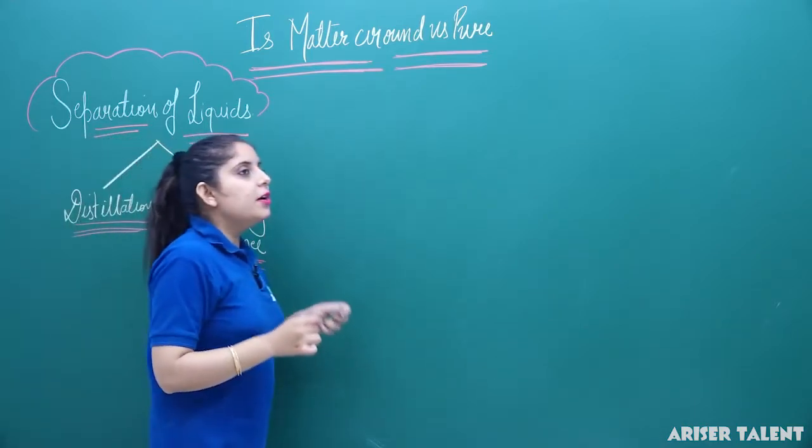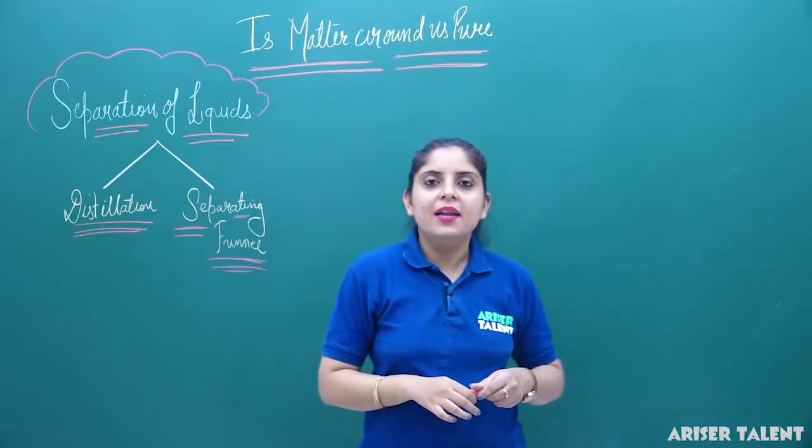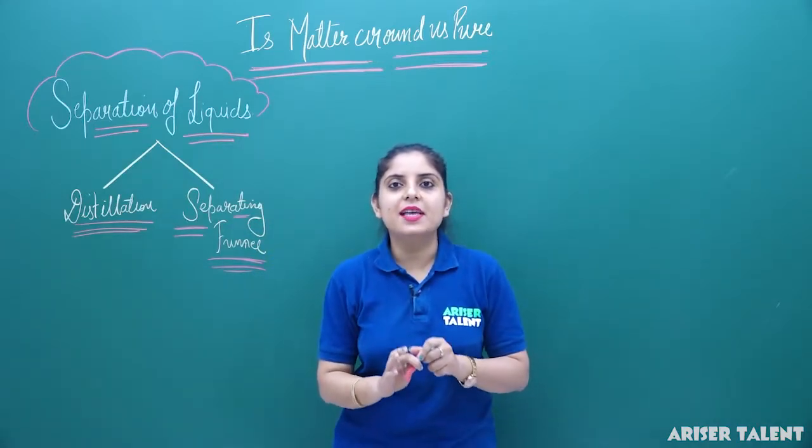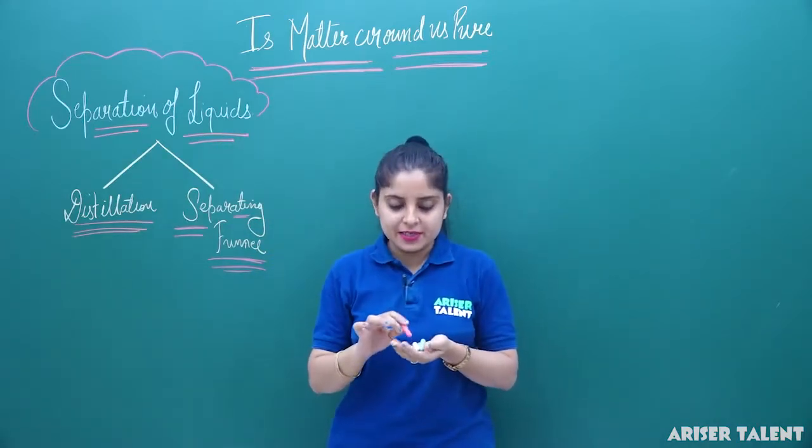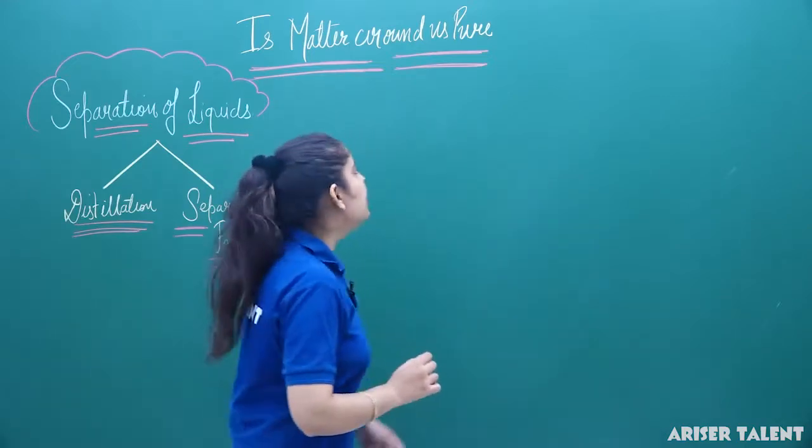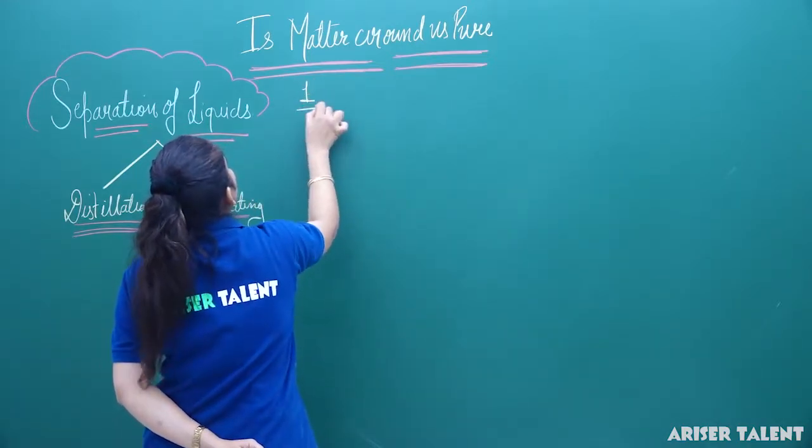Now, the first part is all about distillation, and in distillation you have two categories, that is the simple one and the fractional distillation. But before that, just simply write the definition of distillation.